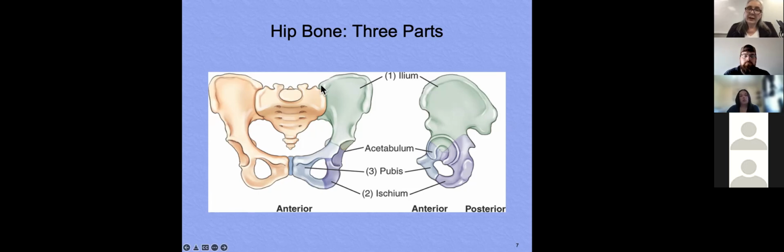This joint right here moves only during trauma and childbirth. So both of these are only slightly movable, this one less than this one.